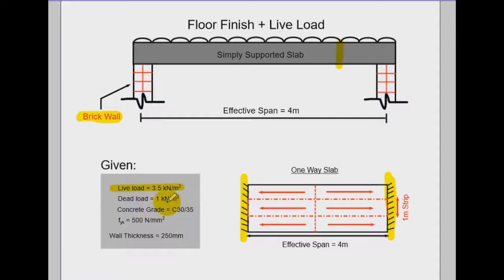The dead load can be floor finishes, stuff like that. The grade of concrete is C30, and we are given the grade of the steel, 500 Newton per millimeter square, that's the yield strength. There's something important as well: the wall thickness. We will need this for the shear force calculation later on.